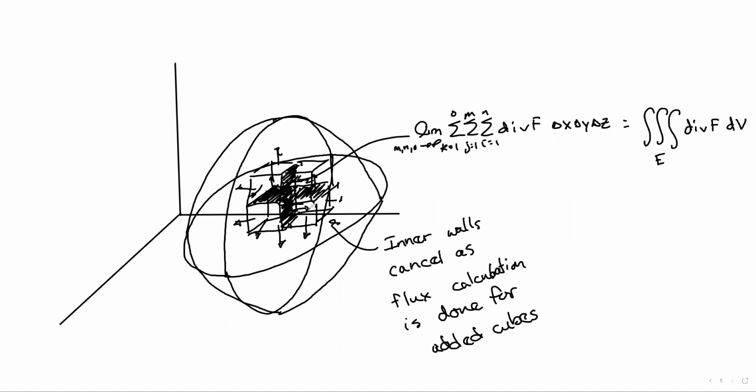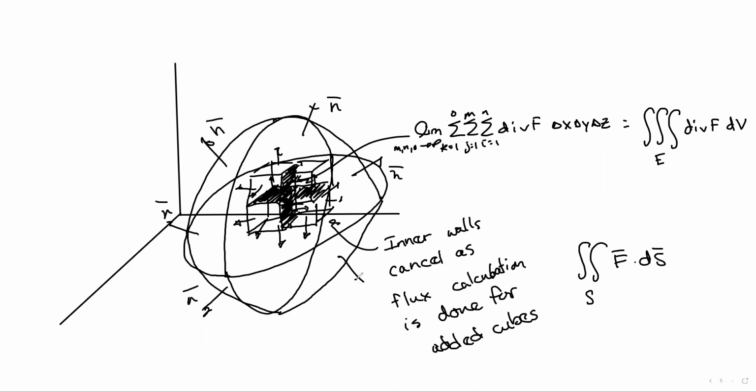If all of the inner walls cancel, the only thing that's going to be left is just the parts of the flux that are on the exterior, just the parts that are pointing outside. Okay, and that is going to end up being f dot ds across the surface. So in the end, we're just going to end up getting these outer pointing normal vectors, the outer pointing vectors when everything inside ends up canceling. And the outer pointing vectors, if you just have those, that is the calculation of the flux across the surface. So everything on the inside ends up canceling out.